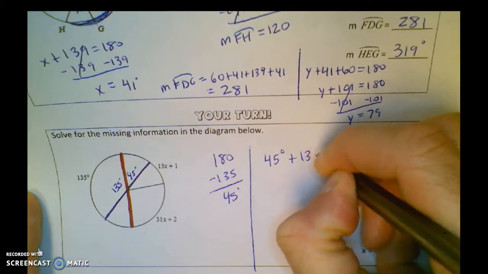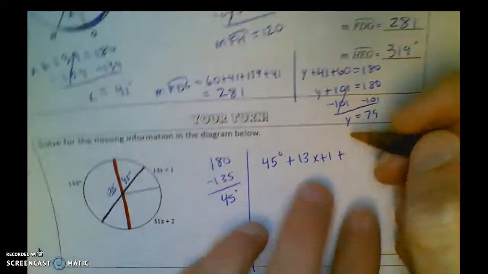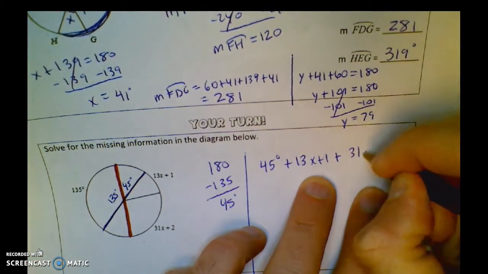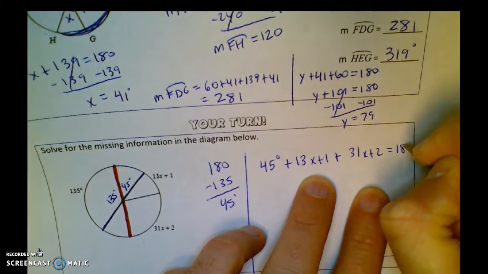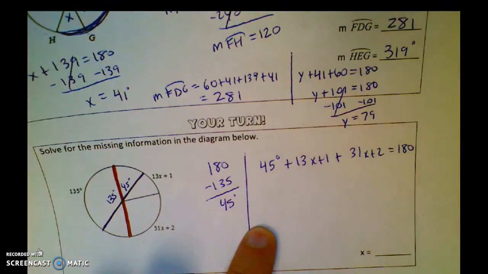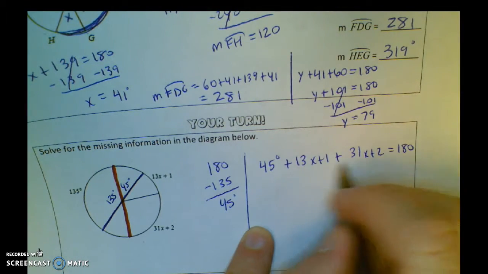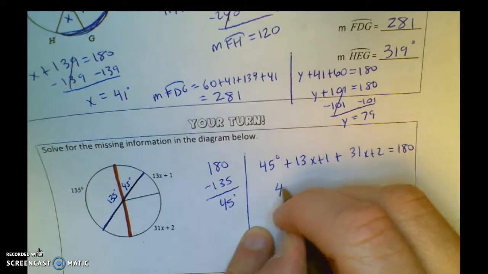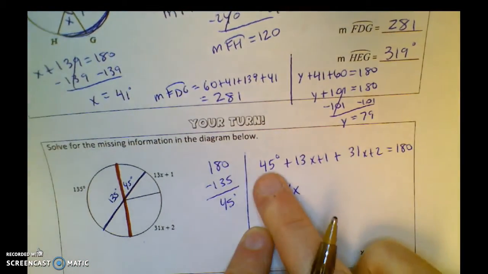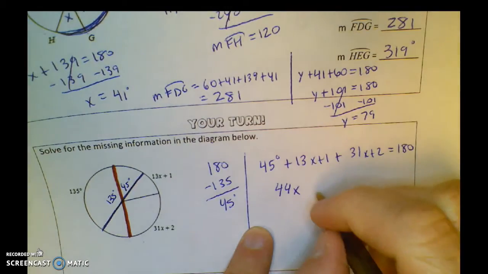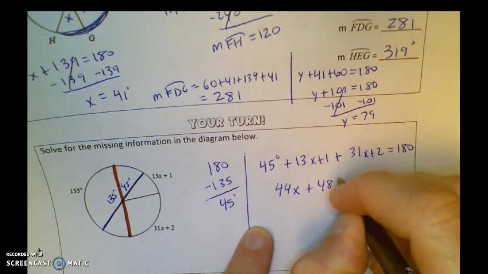So if I take these three things and add them together, (13 plus 31), those are my x's. 13x and 31x is 44x. 41 plus 1 plus 2 is 48.